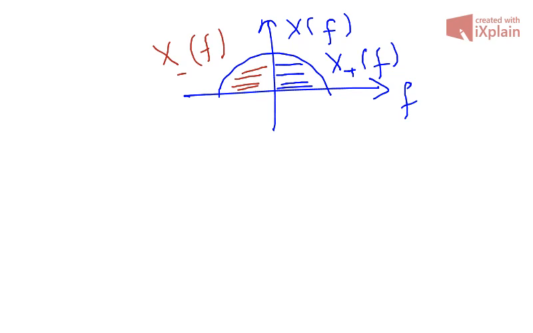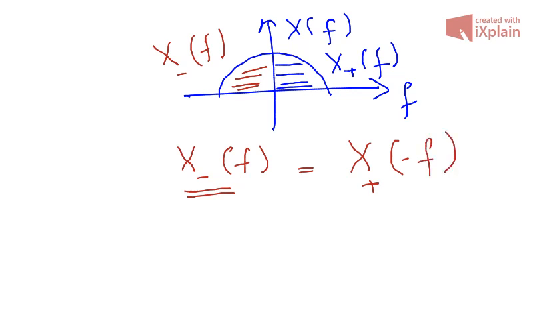Because this is an even function, we can always obtain this X negative of f from this signal. If we just take a mirror image of this one, it's the same as this part.